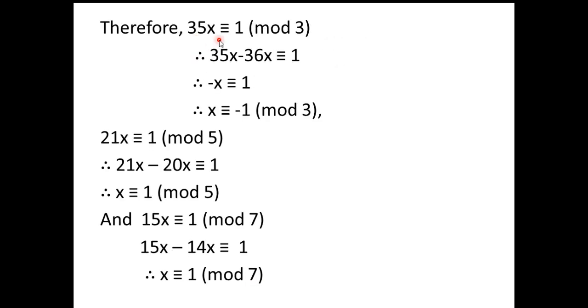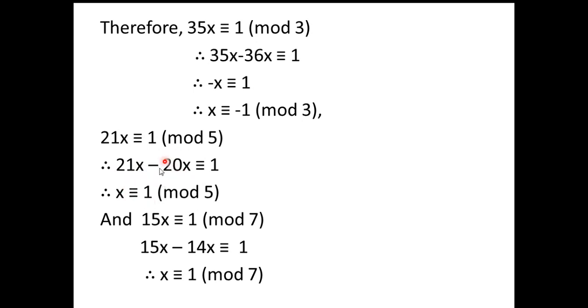Therefore, 35x is congruent to 1 modulo 3. So 35x minus 36x is congruent to 1. Therefore, minus x is congruent to 1. Therefore, x is congruent to minus 1 modulo 3. Now, the second congruence, 21x is congruent to 1 mod 5. Therefore, 21x minus 20x is congruent to 1.